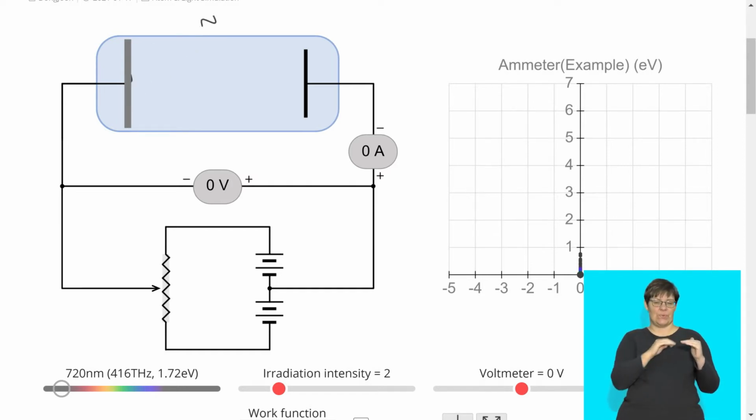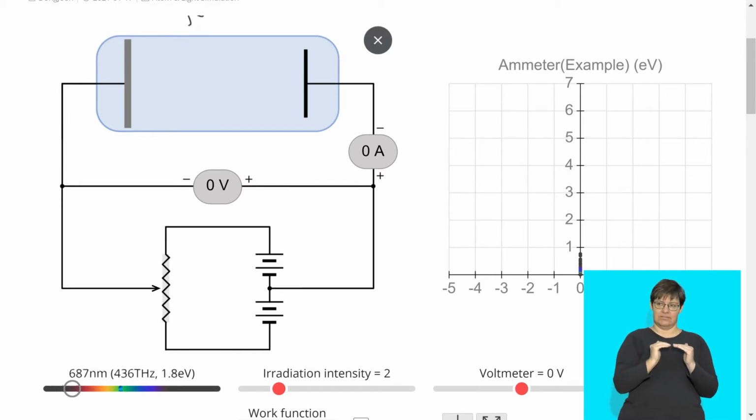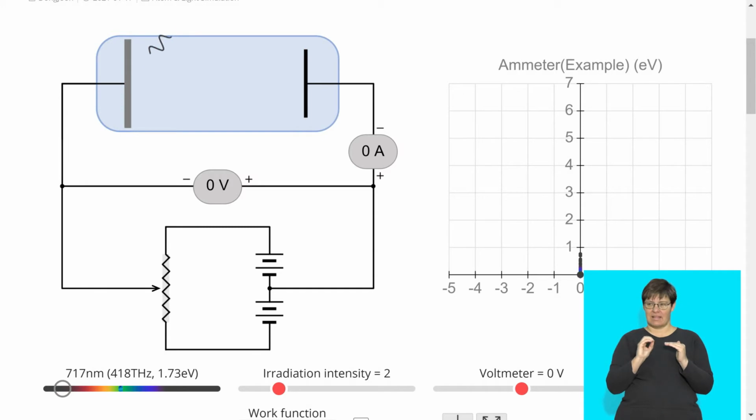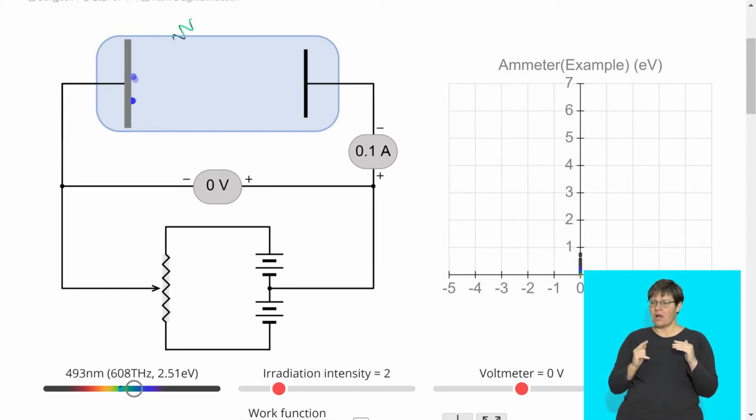That means no current on my reading. As I increase, I'm just going to increase it a little bit. No, still none. Still none. I'm going to move it again. Still haven't got any. Yeah, no, it's getting a bit faster. Still not any. Still not. And still, usually it's in the ultraviolet.